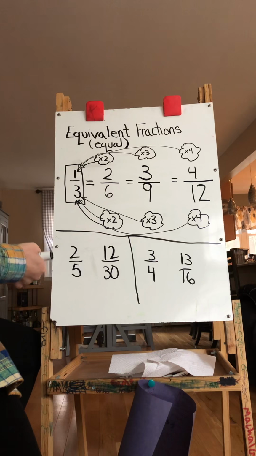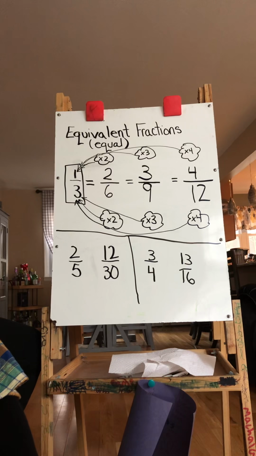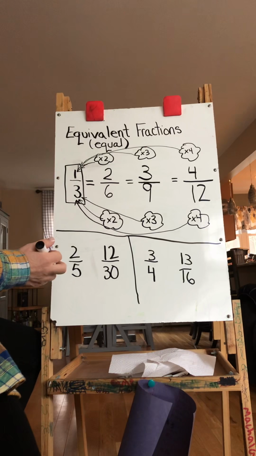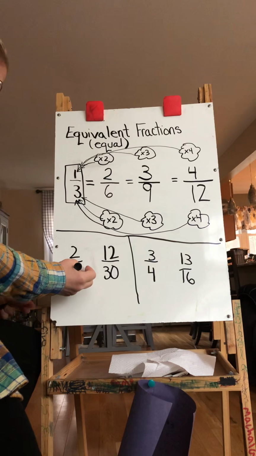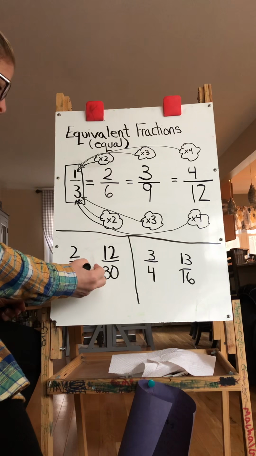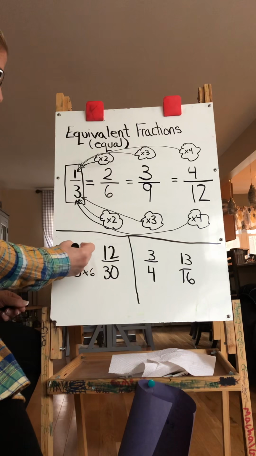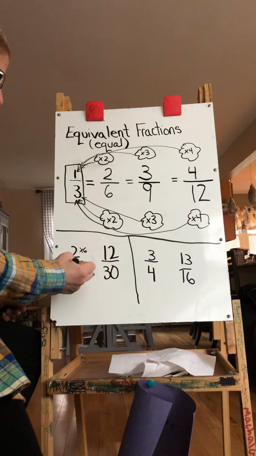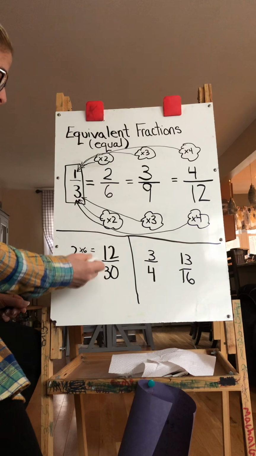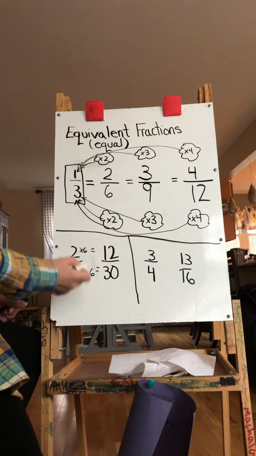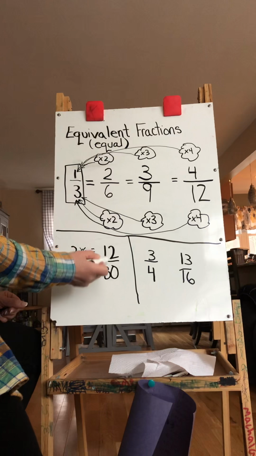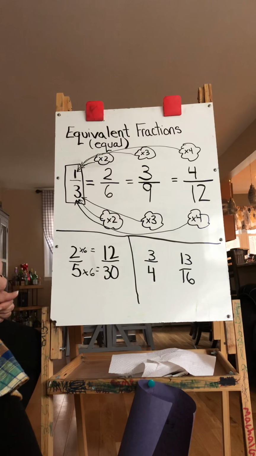You can also do it from the bottom down here and look at 2 fractions to determine if they're equivalent. Same structure. Whatever you do to the bottom, you do to the top. So 5 times what equals 30? 6. Whatever you do to the bottom, you do to the top. 2 times 6 equals 12. So if I use times 6 and times 6, and they come to those multiplication products, then yes, those 2 fractions are equivalent.